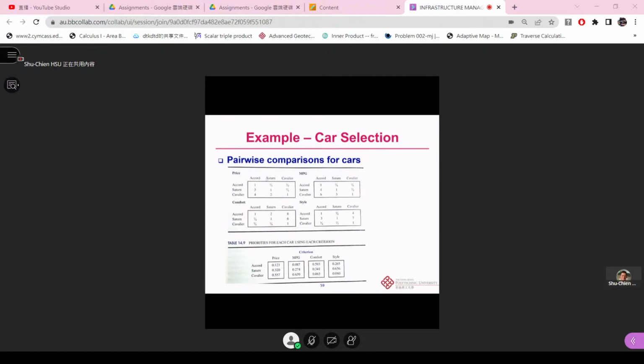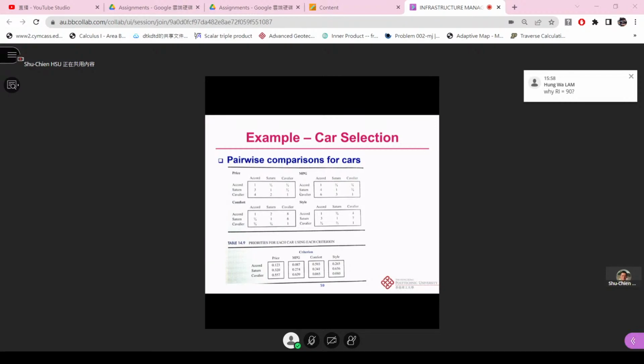For example, Accord versus Saturn: because Accord is more expensive, I put 1/3 compared with Saturn, and 1/4 compared with Cavalier. Then Saturn is 3 versus 1 for Accord, and Saturn is also 1/2 of the Cavalier, because Cavalier is the cheapest. We still convert those prices into such weightings. So the Cavalier is 4 versus 1 for Accord and 2 versus Saturn.